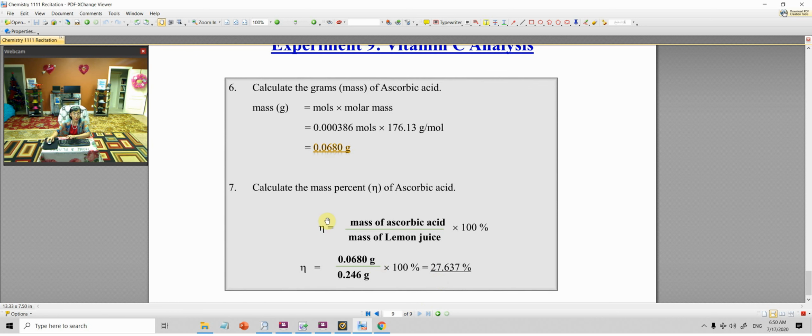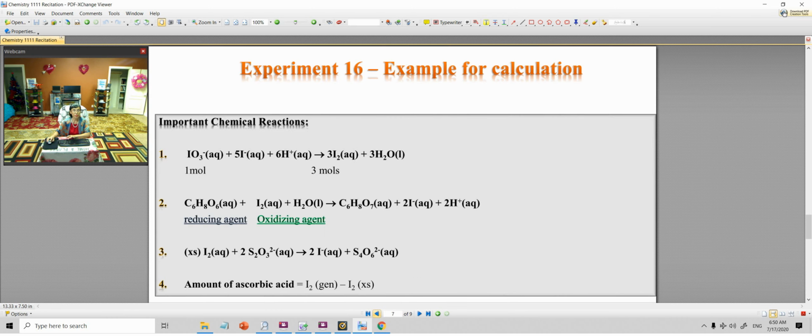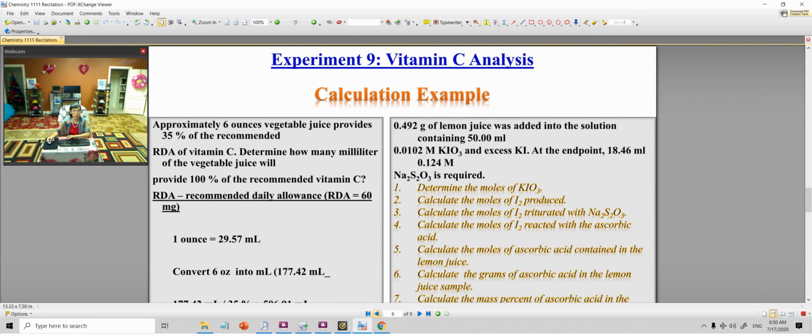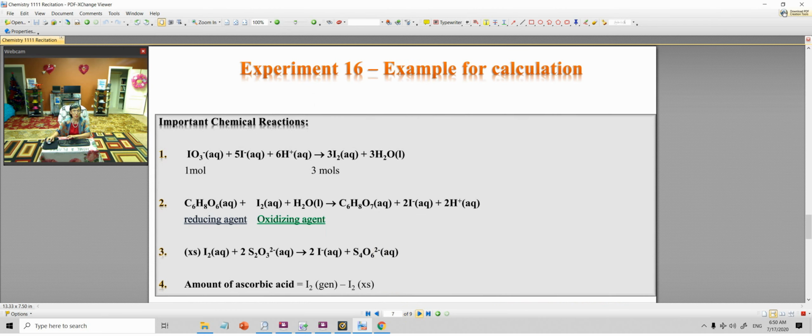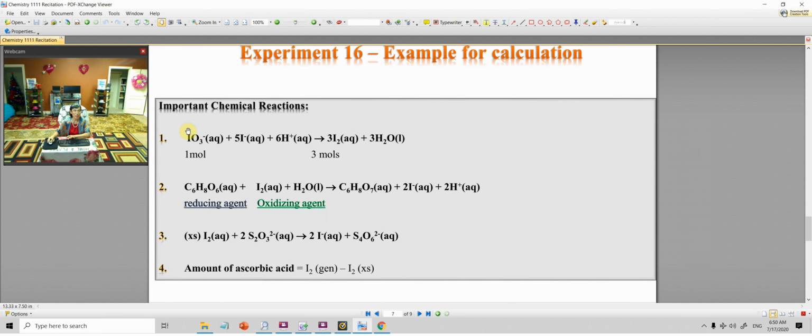That's how you are going to determine the RDA from your calculation. So again, I want to mention there are 3 major chemical reactions. So one important calculation that should be very important for our students to determine the vitamin C.